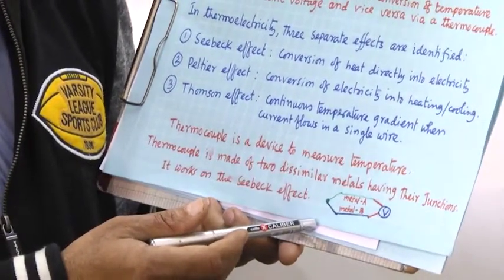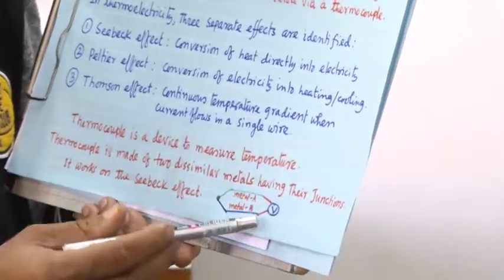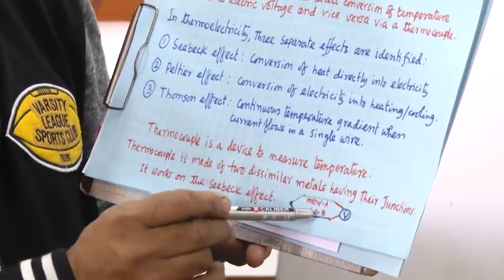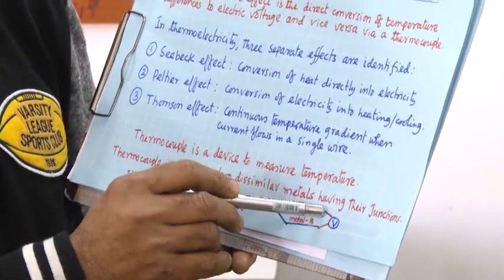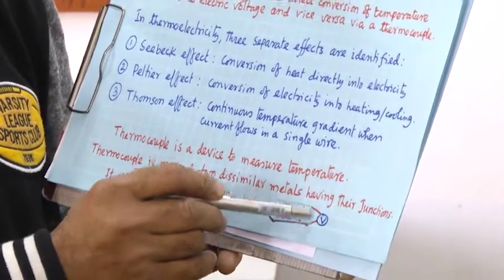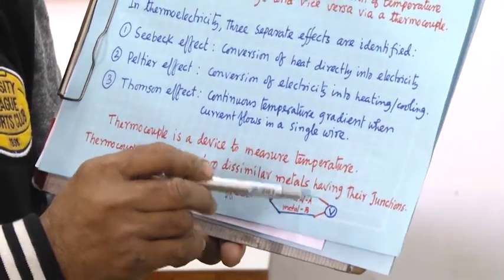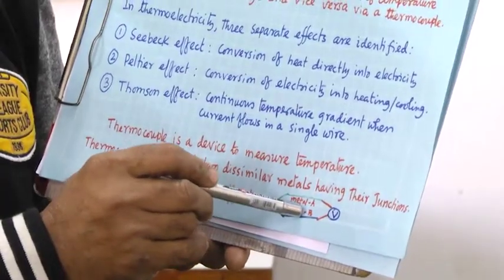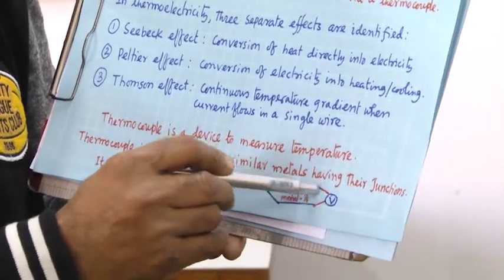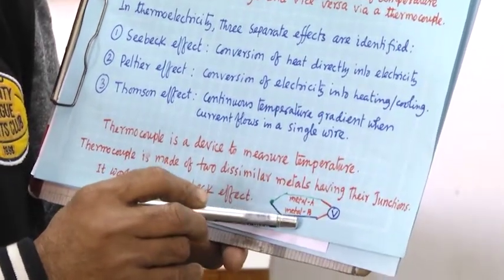Another way one can do this, if you do not want the reference temperature to be room temperature but another temperature, is that we make these two ends also junctions, and in between, in one of these wires we cut it, and here using the third wire we connect the voltmeter. Okay.